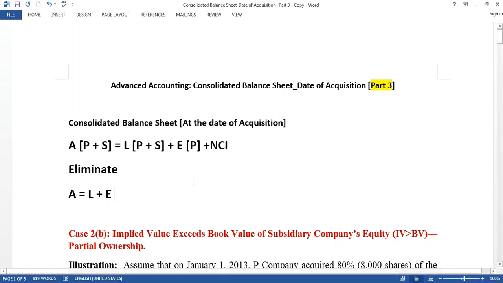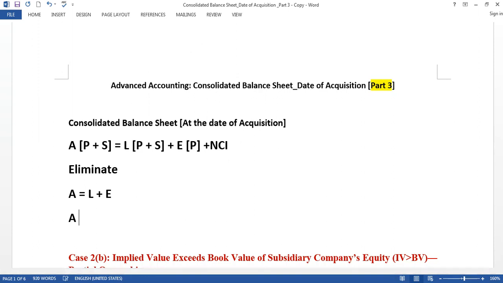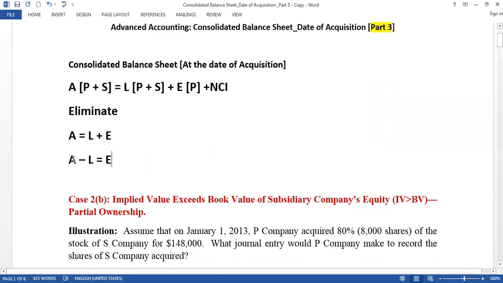So we know that assets minus liabilities equal equity. If we record assets and liabilities of both the parent and subsidiary company, then this equity should be eliminated.